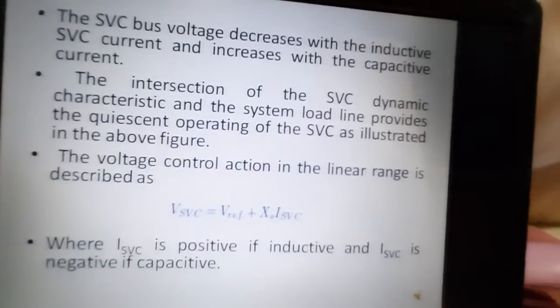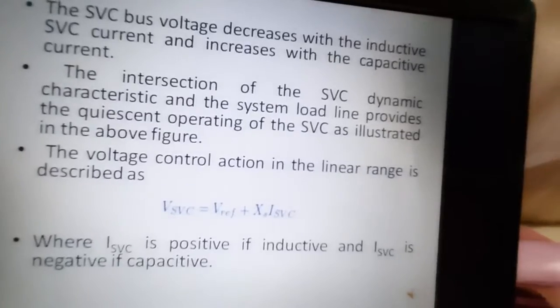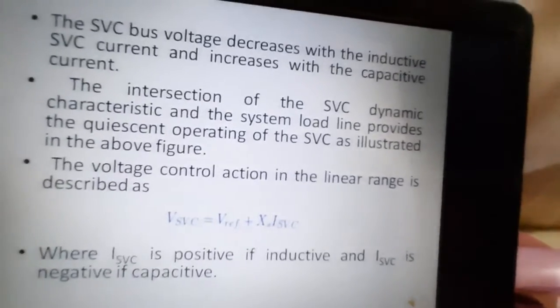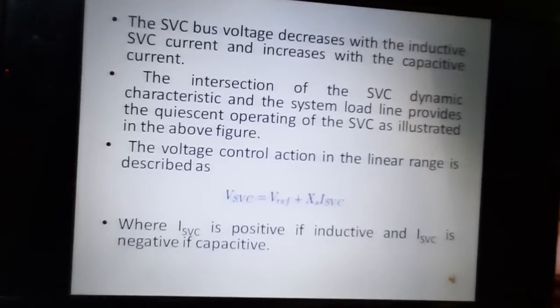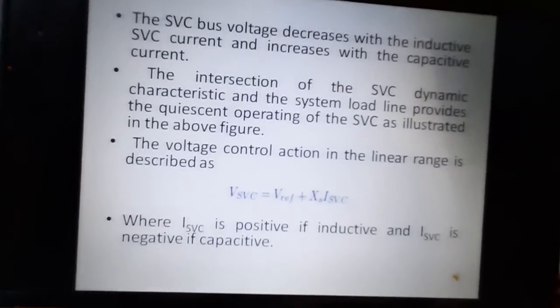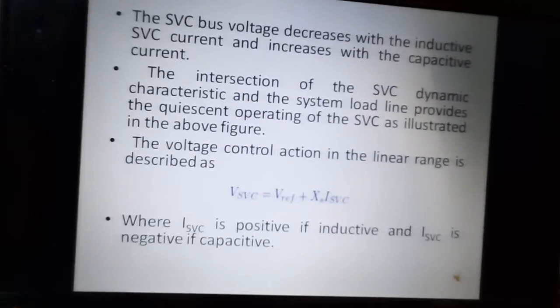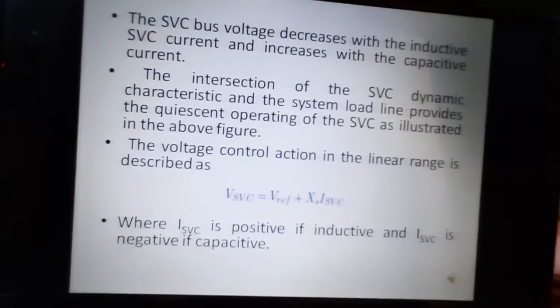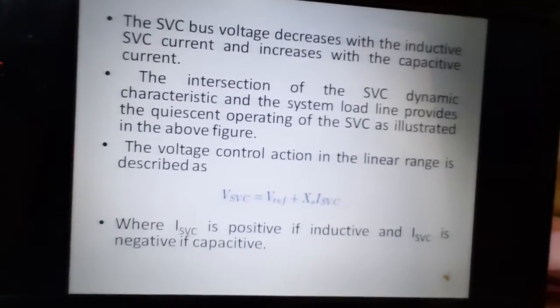The voltage control action in the linear range is described as V_SVC = V_ref + I_SVC × Xs, where I_SVC is positive if inductive and negative if capacitive.